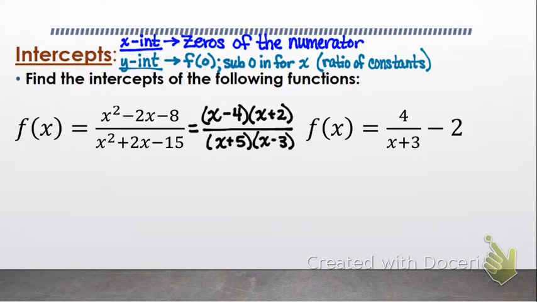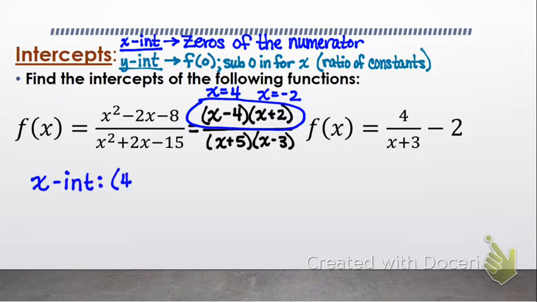So my x-intercepts, remember, I am just looking up here. X equals 4. X equals negative 2. So my x-intercepts then, when we write intercepts, you write them as ordered pairs. X-intercepts are going to be 4, 0, and negative 2, 0.